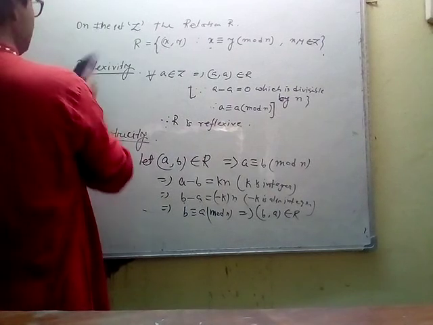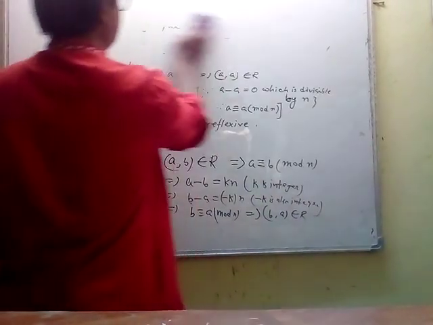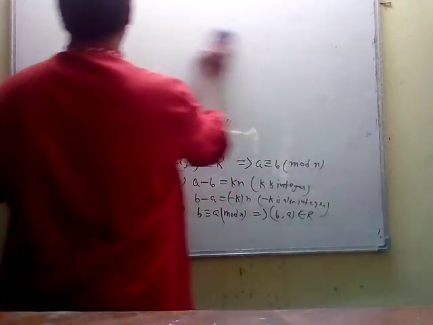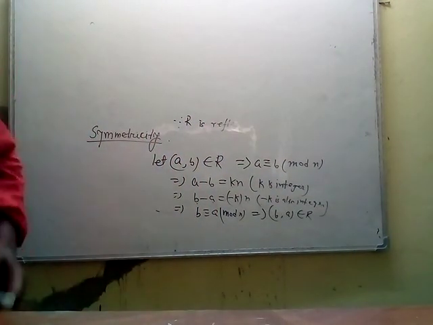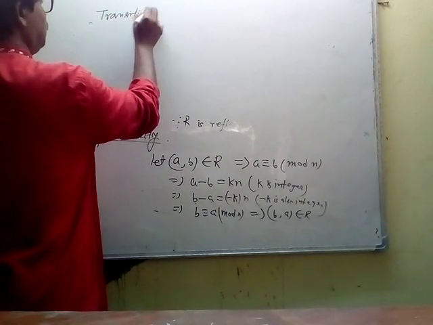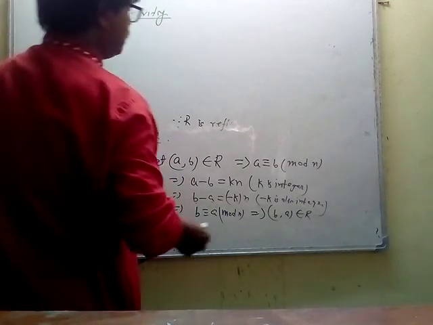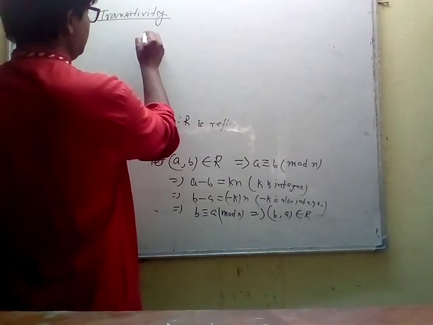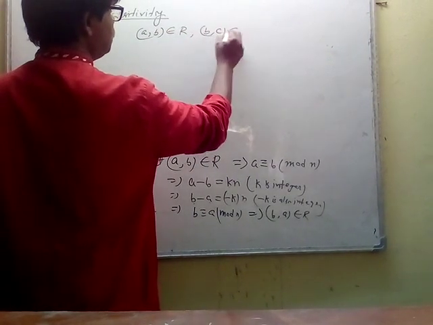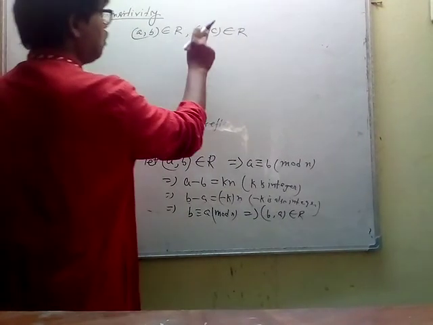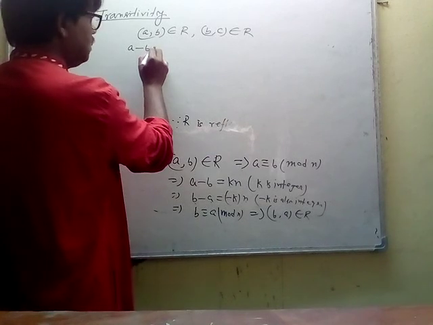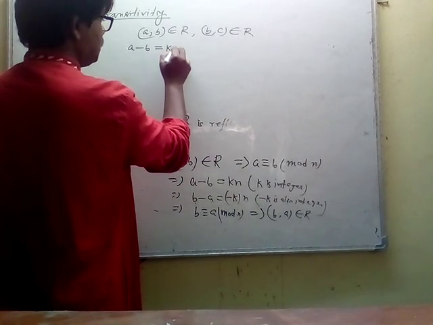Now, transitivity. Let (a, b) belong to R and (b, c) belong to R. We have to show that (a, c) belongs to R. (a, b) belongs to R means a minus b is divisible by n, that is k1 n.